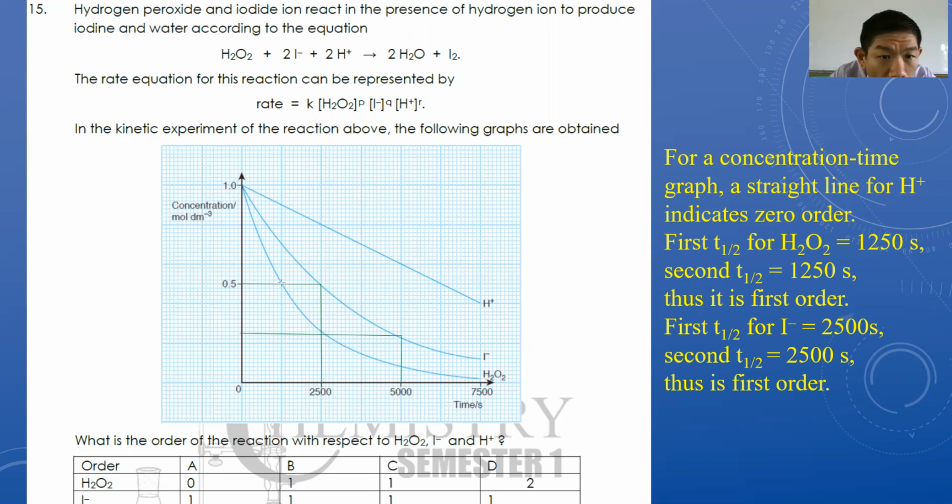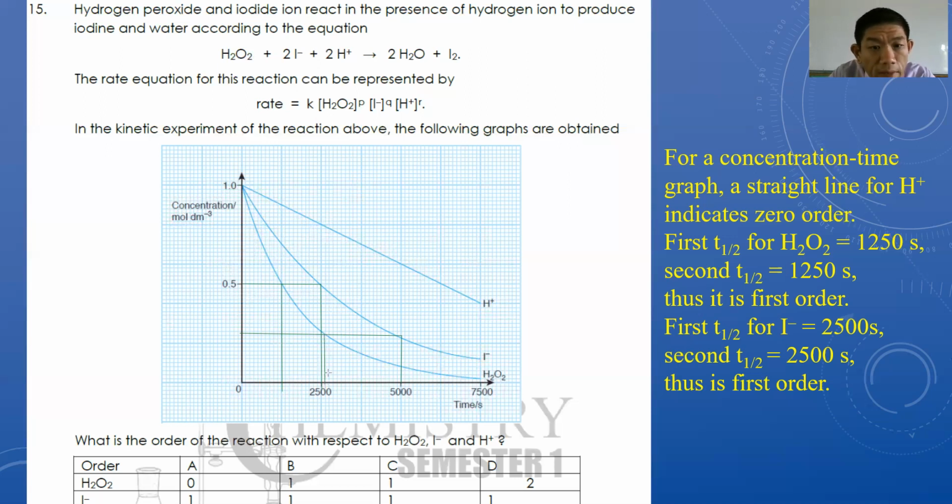As for H2O2, if you look carefully, the time in here is 1,250 seconds, whereas the second half-life is here, which is approximately 2,600.